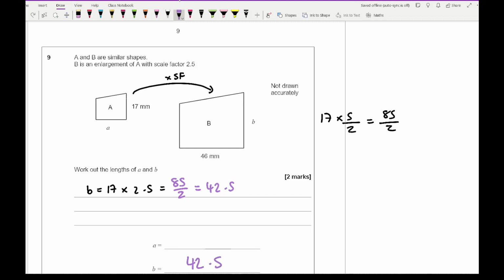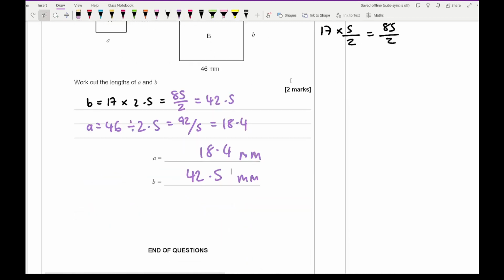And A is going to be 46 divided by 2.5, which gives me an answer of 92 over 5, which is 18.4. And they're both in millimetres. And there we go.